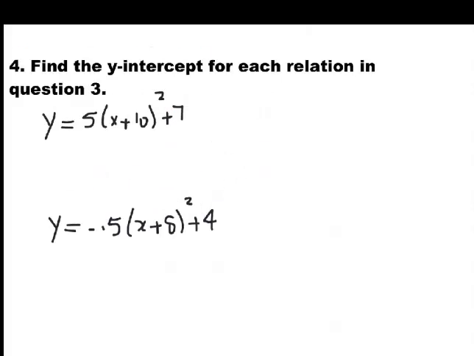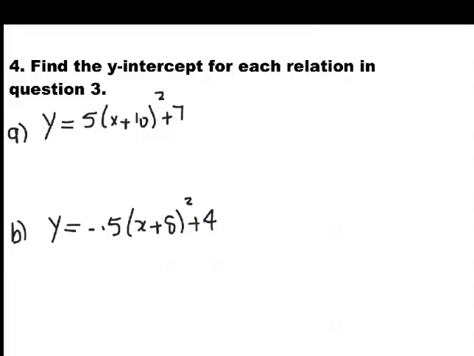Now in this part of the questions, we have to find the y-intercept for each of the relations in question 3. Part A and part B are given here. To find the y-intercept, we just let x be equal to 0 and find y.